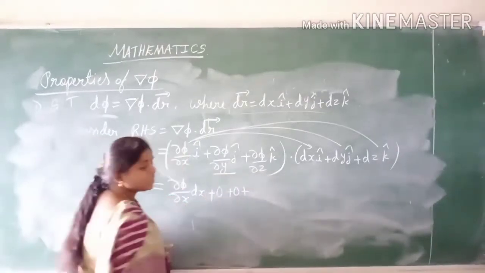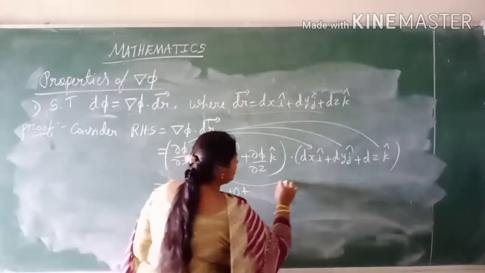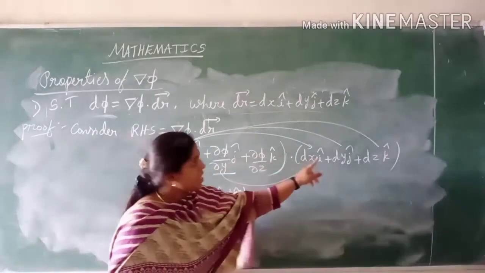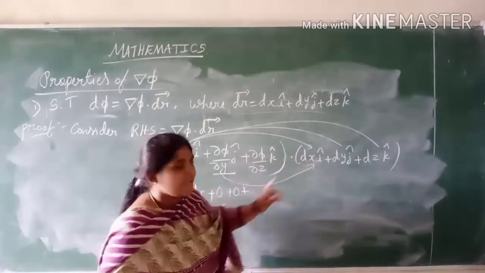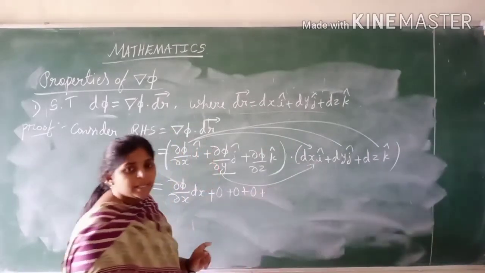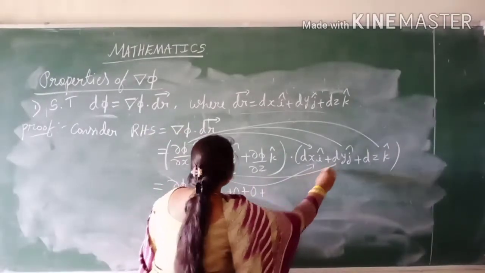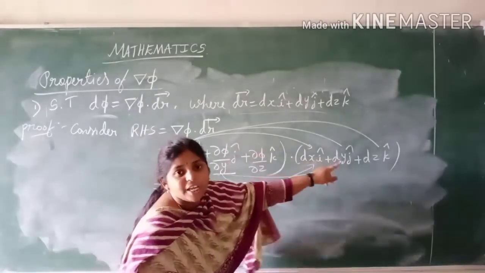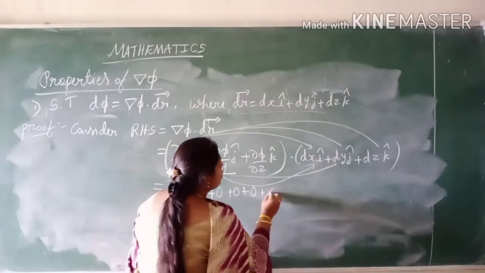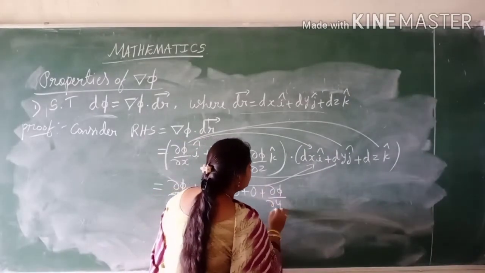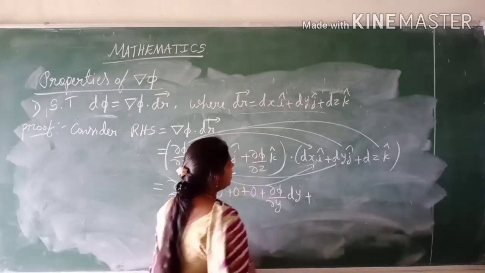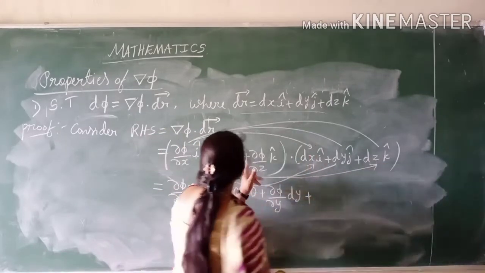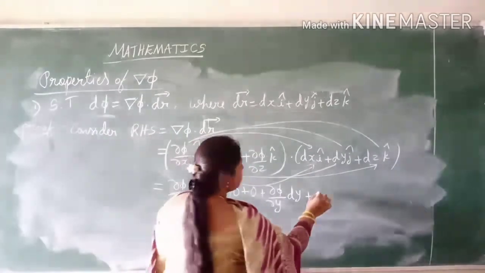Next we go for the second term. Multiply again with each term in that one. Dou phi by dou y into dx, then j dot i is again 0. Plus the next term, dou phi by dou y into dy into j dot j is 1, so the term is dou phi by dou y into dy. Plus dou phi by dou y into dz into j dot k is 0.